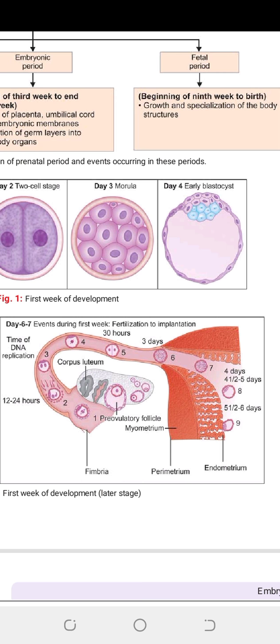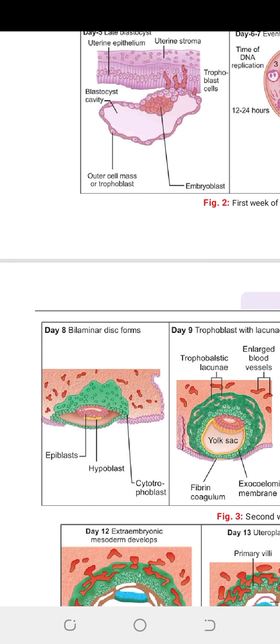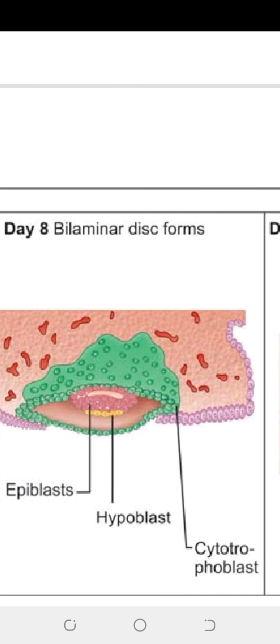Further, during day 8, as you see, the trophoblastic layer is differentiated into inner cells. These are single dotted cells.